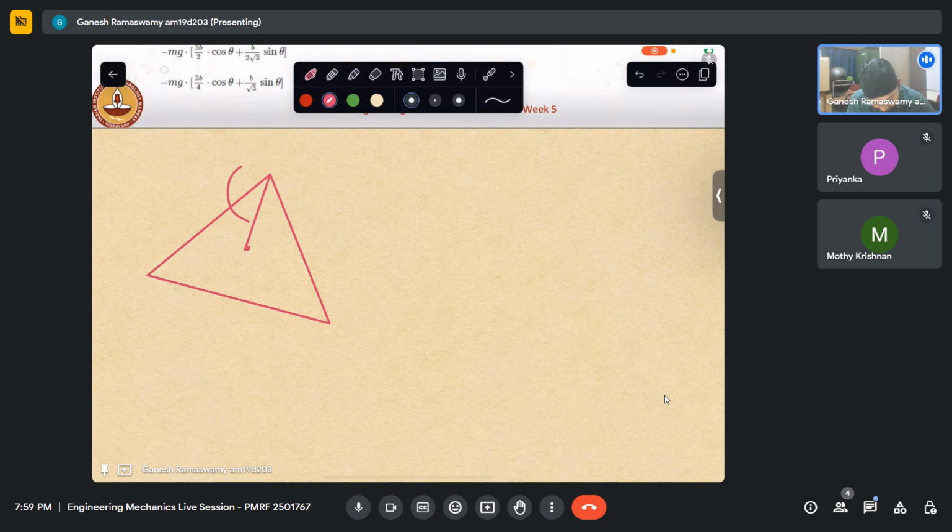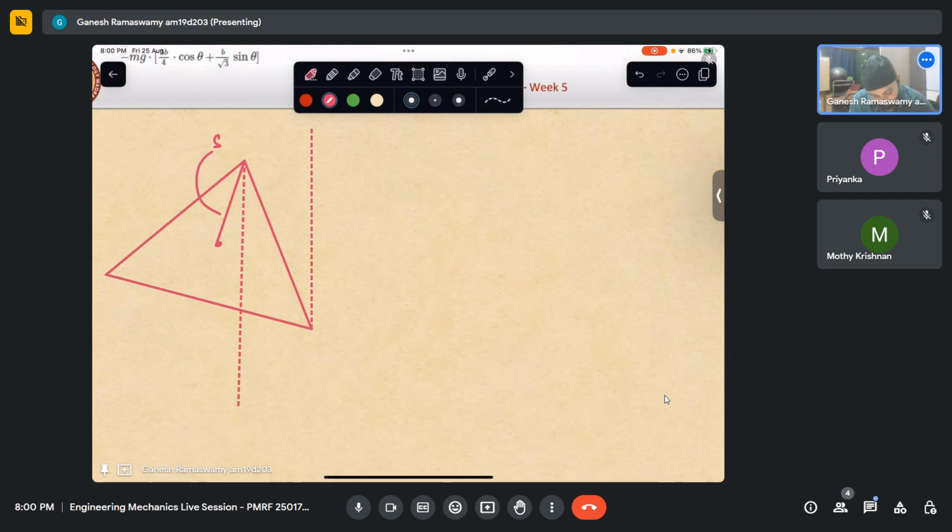Now I draw a parallel line like that. I know this angle is 30 degrees. From the problem, I know this is theta. So naturally, this also becomes theta. Then what will this angle come out to be? This is 30 minus theta. I hope that is clear.